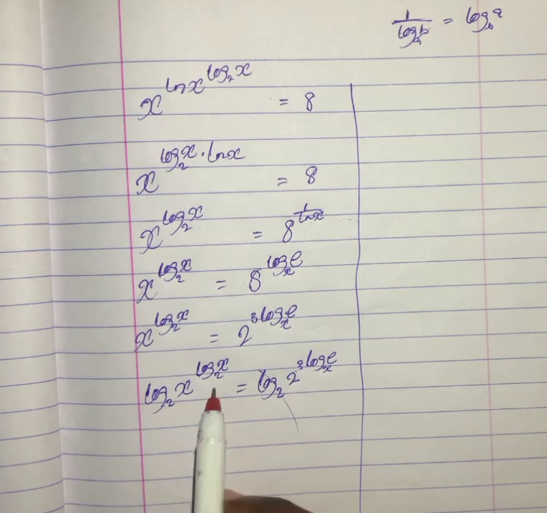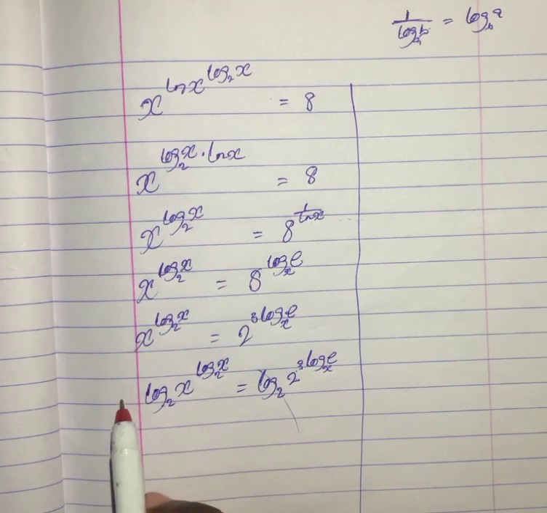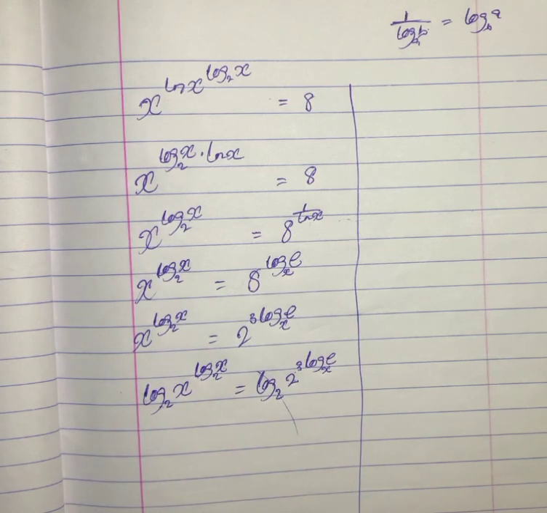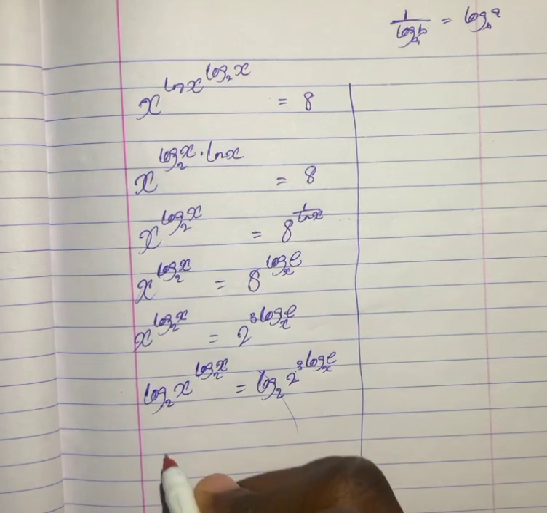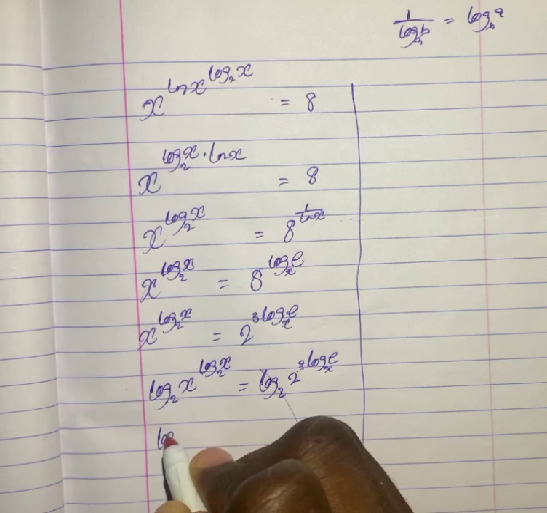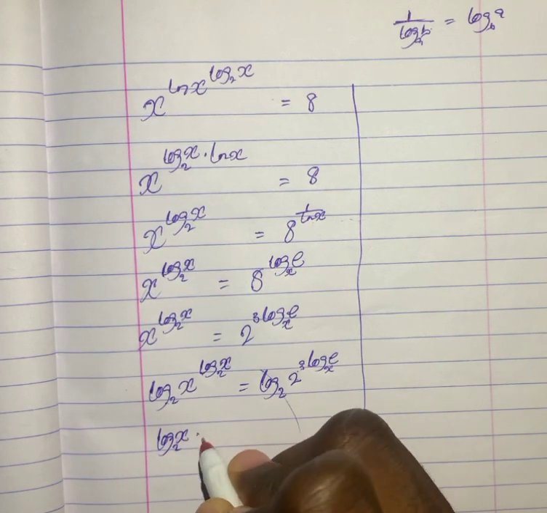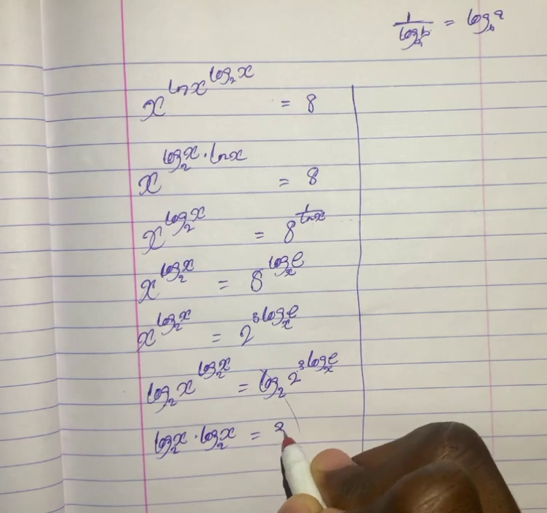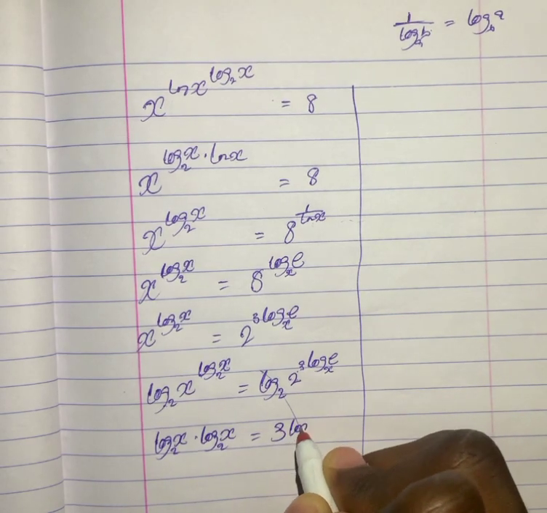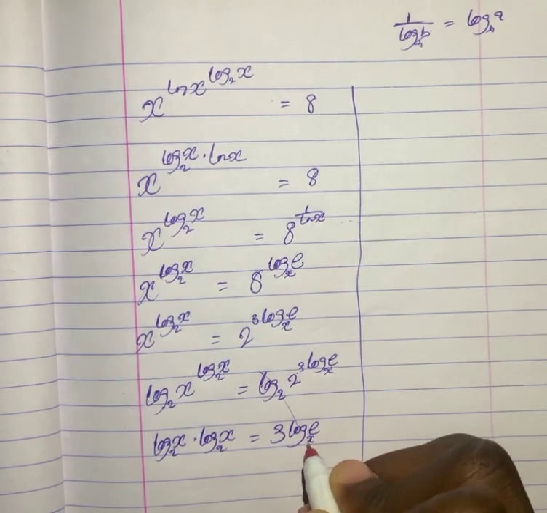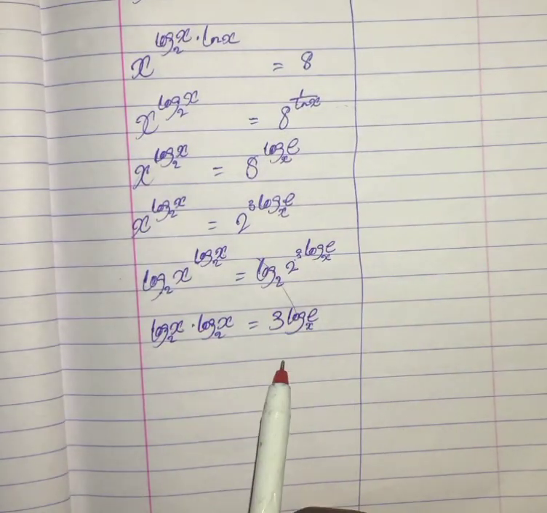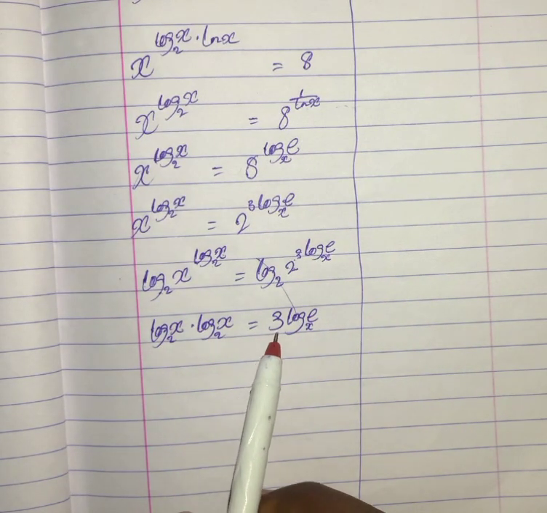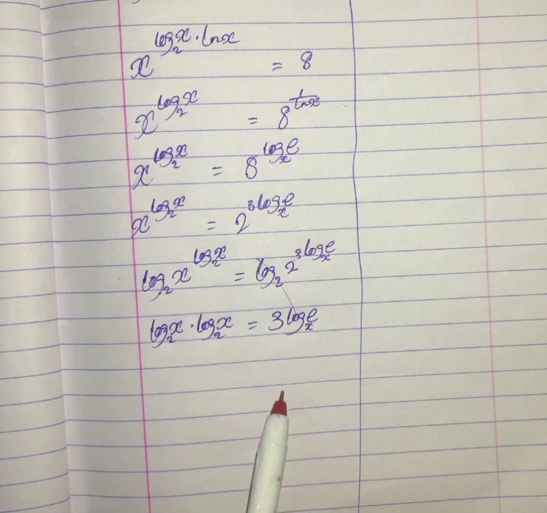And for this, by multiplying at the back, you have log x base 2 times log x base 2, so that is already squared. But I can still say log x base 2 times log x base 2 equals 3 log e base x.